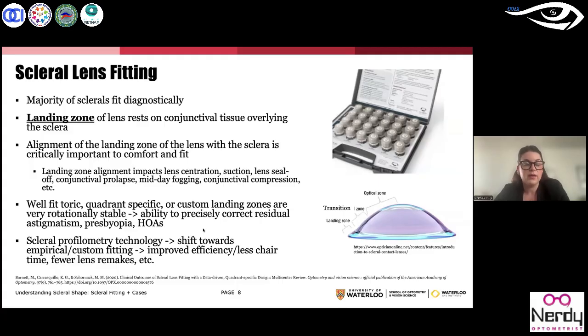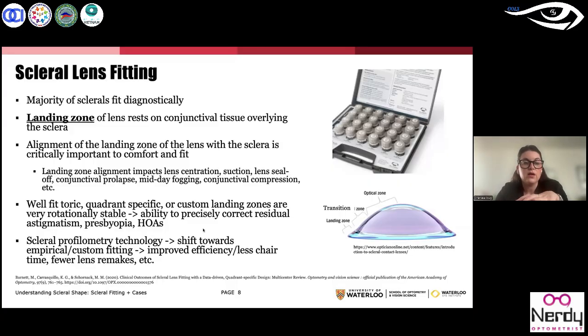It impacts centration, suction, lens seal off, can contribute to midday fogging, compression, blanching, conjunctival prolapse, a whole bunch of things. So well fit landing zones, we'd like them to be lock and key almost on the sclera, whether they're toric or quad specific.